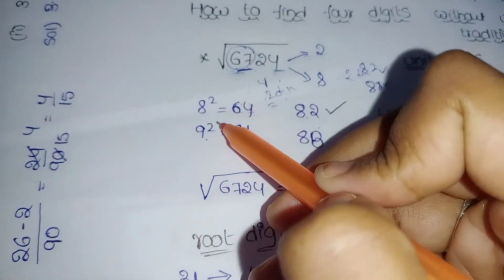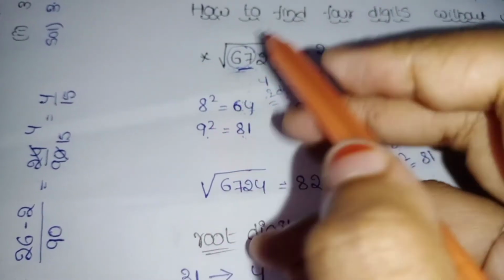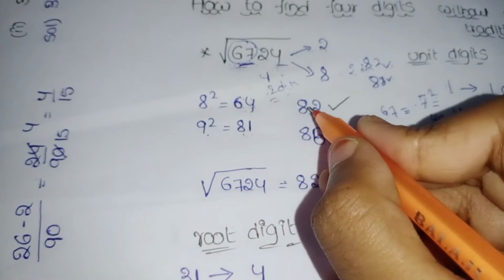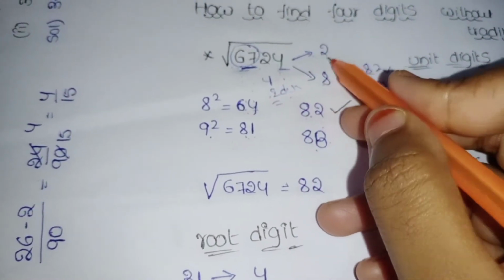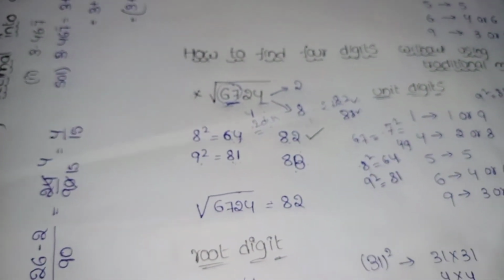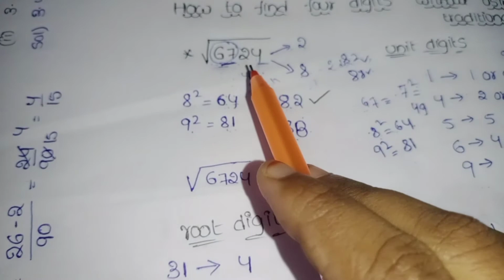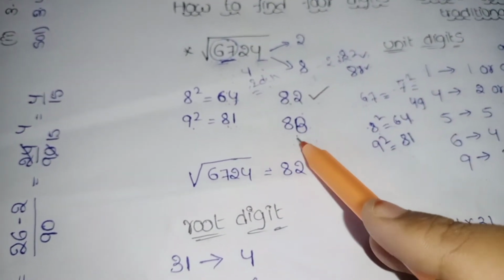Which number is so near? 8 square is 64, and 64 is so near. That's why I'm taking 8. The unit digit has 2 or 8, so the answer must be 82 or the answer must be 88.